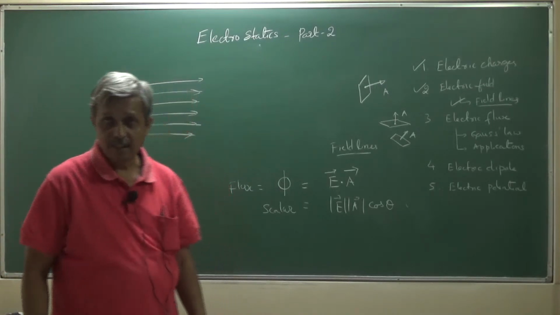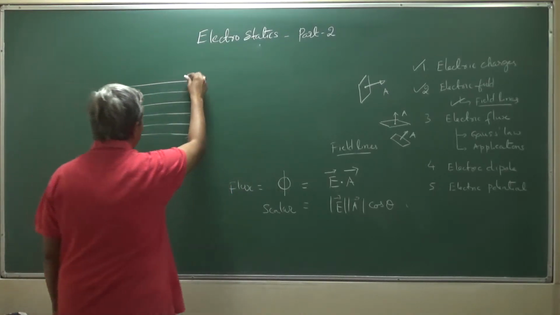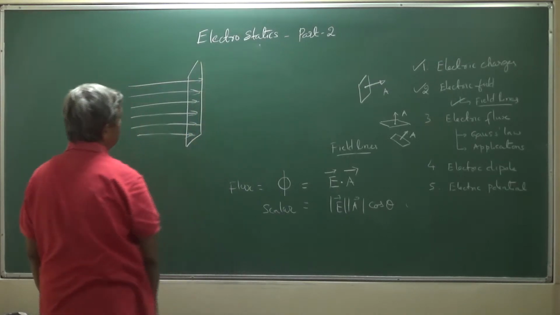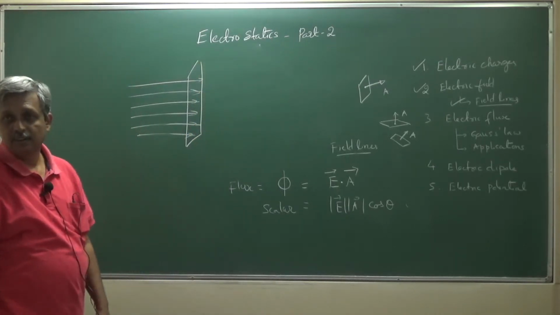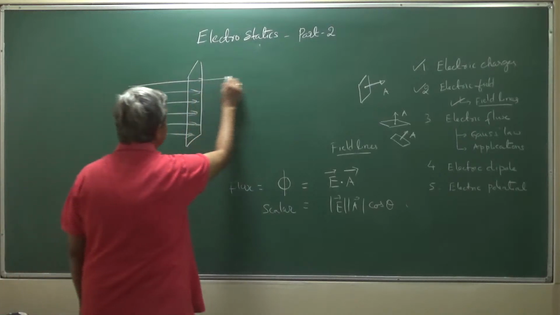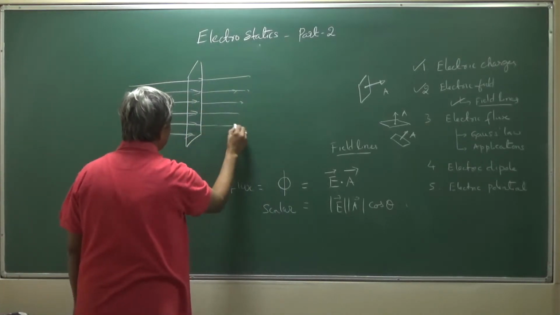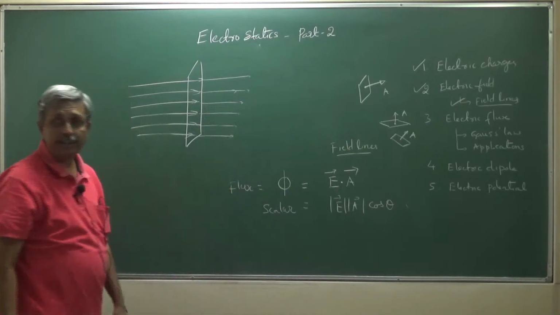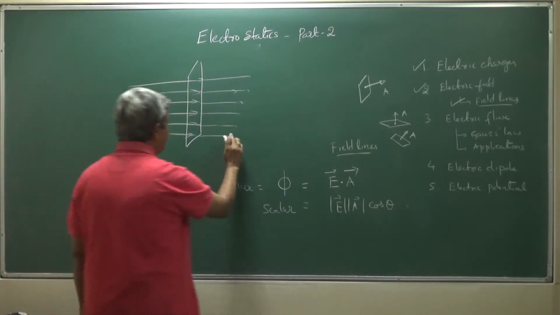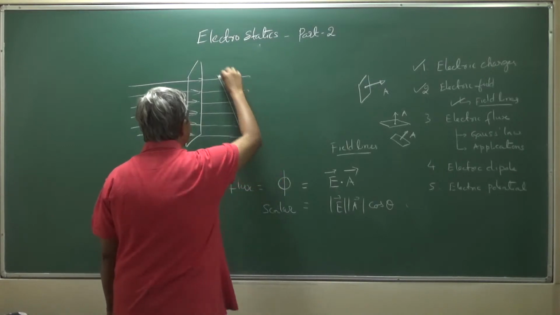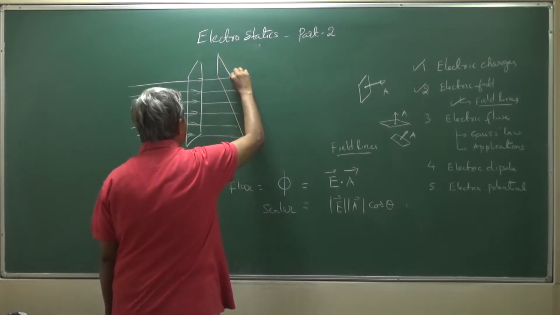So if that is the flux, let's say I have an area passing perpendicular to it. The same flux, let us say I will continue. But this time I will have another area which is at a certain angle.